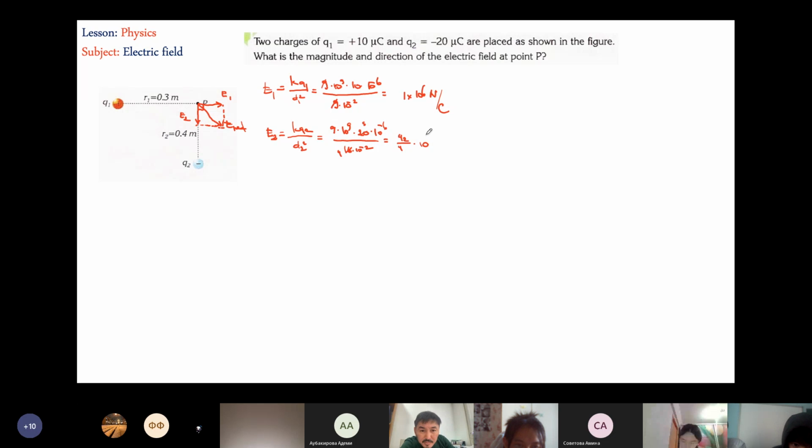So that is 45 over 4 times 10 to the power of 6, I think. Is that division correct?